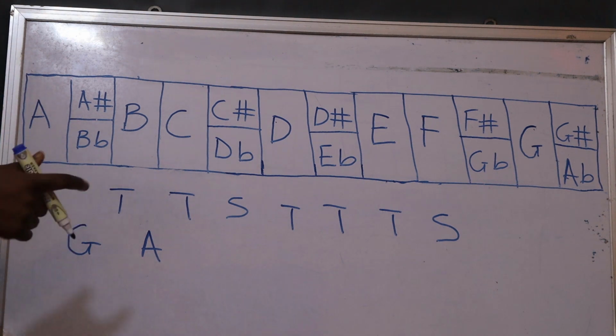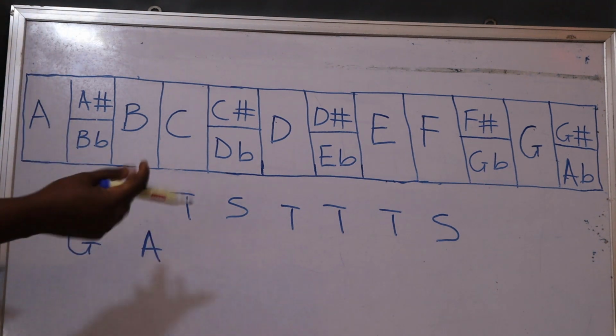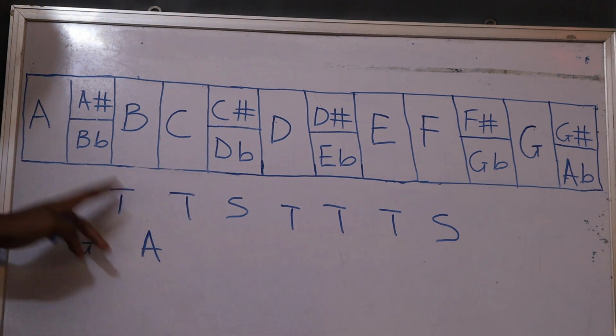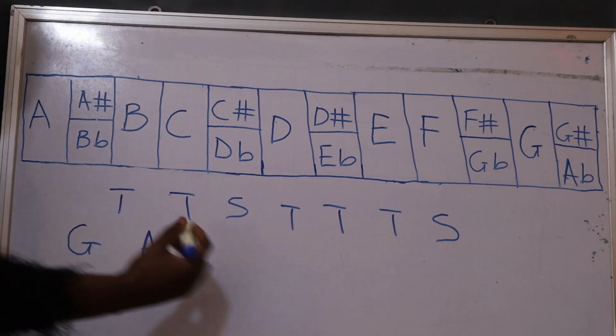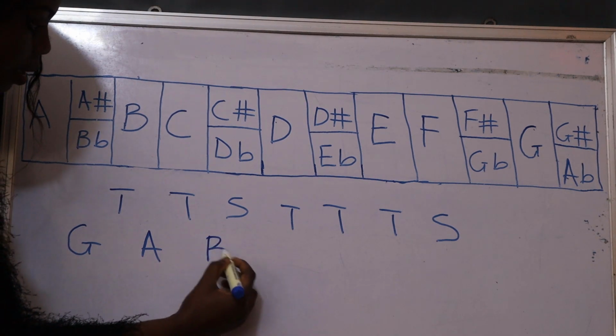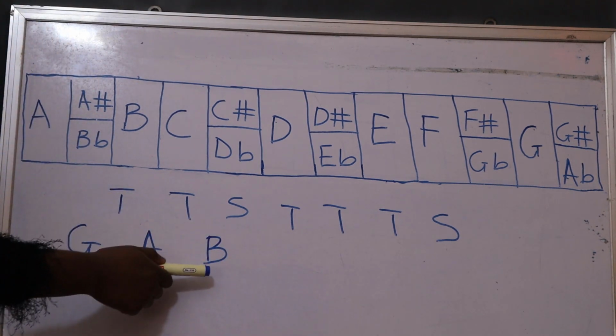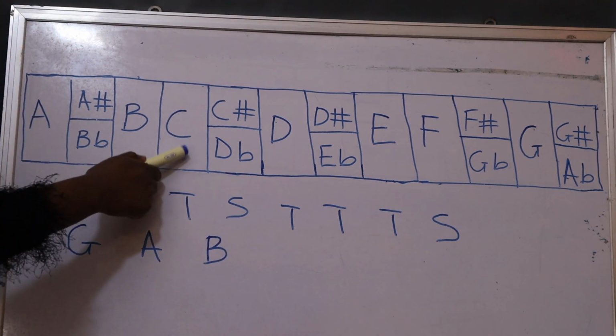So let's continue. After A, we need a tone. A tone from A would be B. Then a semitone, that's B to C, a half step.